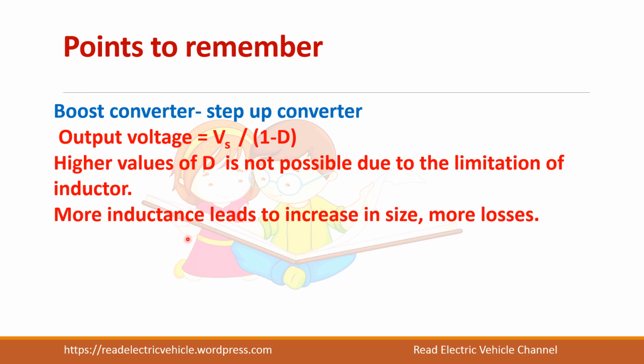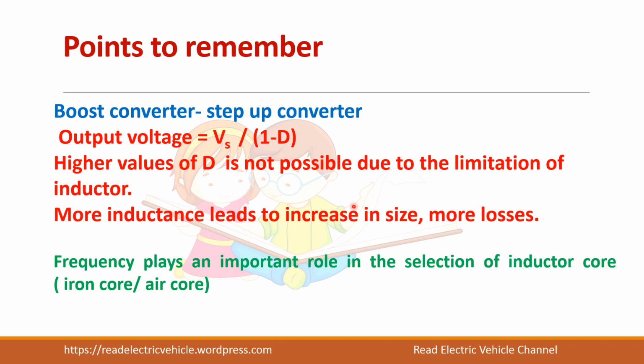We cannot increase the inductance too much, because as we increase it too much, internal I square R losses will be more. And frequency plays an important role in the selection of the core of the inductor, because if you use an iron core and increase the frequency, hysteresis loss will be more. So inductor design is very important in boost converter design.